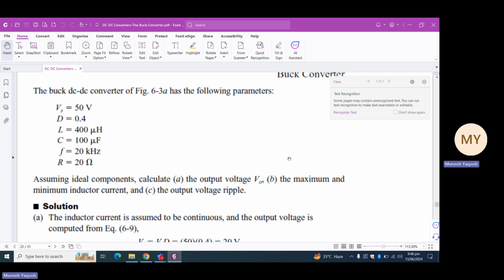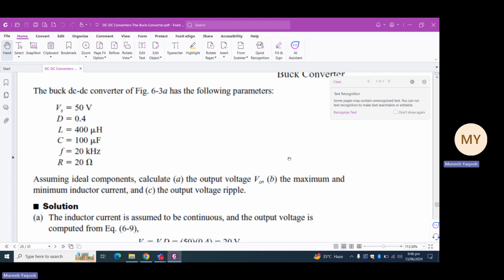In this numerical, we are given that the supply voltage Vs is equal to 50 volts. The duty cycle D, that is the time for which the switch is closed, is 0.4. The value of inductance of the buck converter is 400 microhenry and the value of capacitance is 100 microfarad.